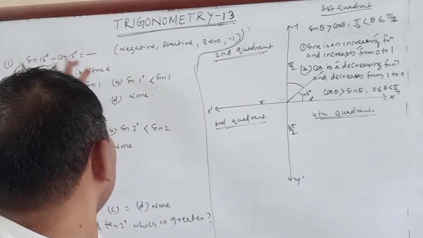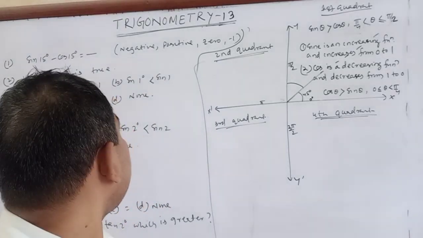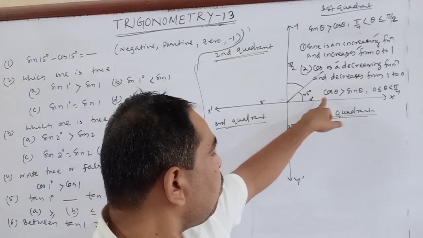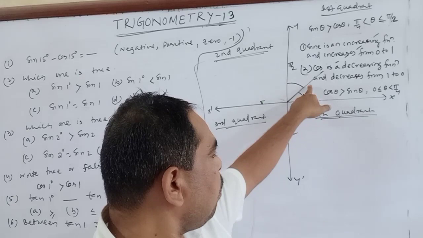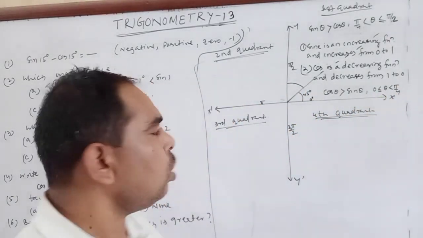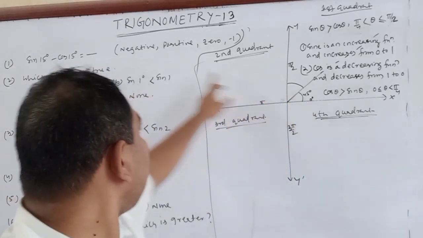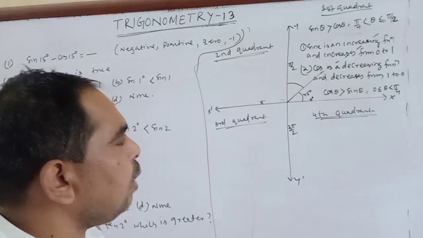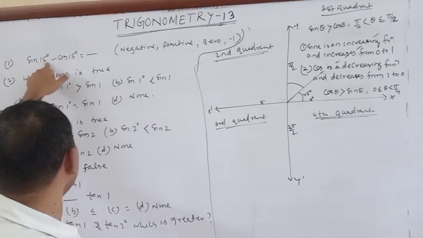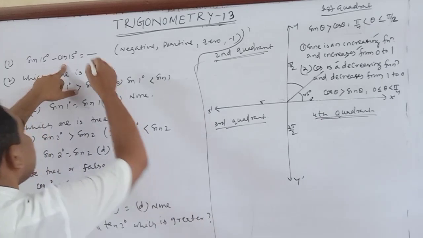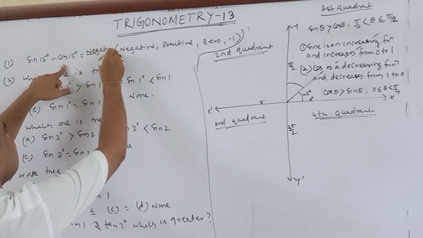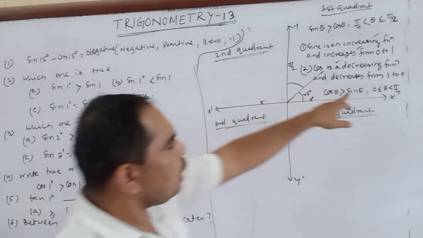Therefore question number 1, first part: sin 15 degree minus cos 15 degree. 15 degree belongs to which interval? 15 degree belongs to the interval 0 to 45. So sin theta minus cos theta is negative, which means sin 15 degree minus cos 15 degree is negative, because 15 degree belongs to 0 to 45.